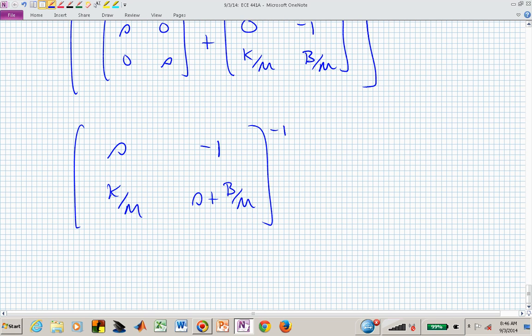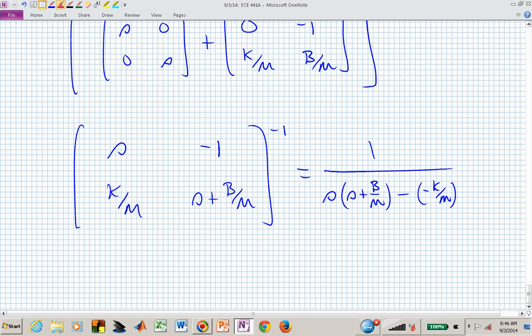Let's do that. Meaning, what's the determinant of this? That is now the diagonal for a 2 by 2. This is pretty easy. We simply have the product of the diagonal minus the product of the off diagonals, and that's our determinant. Doing that here, we have s times (s plus B over M) minus (minus 1)(K over M).